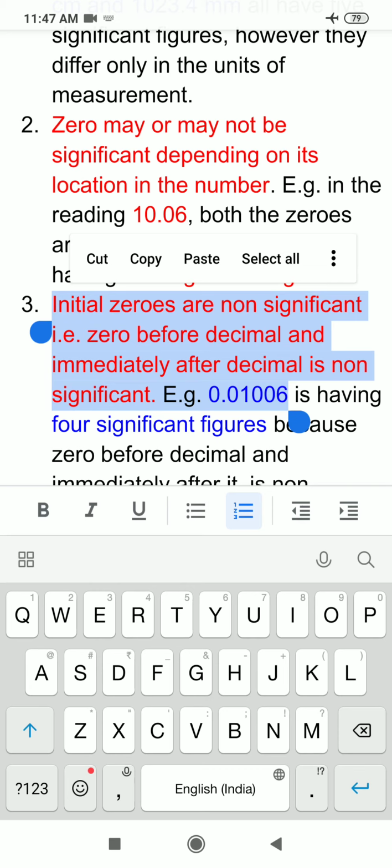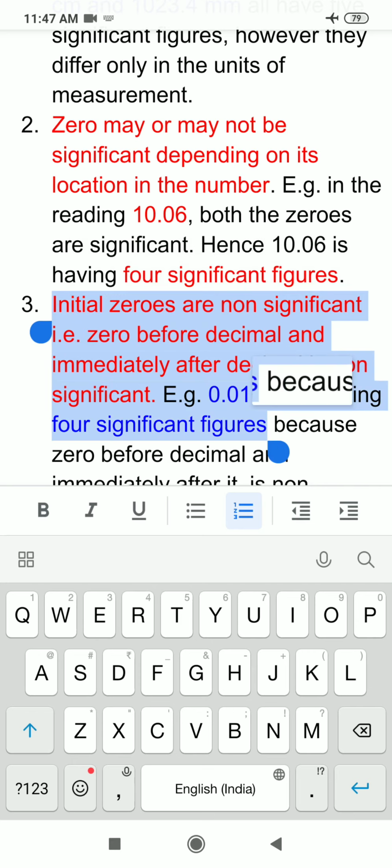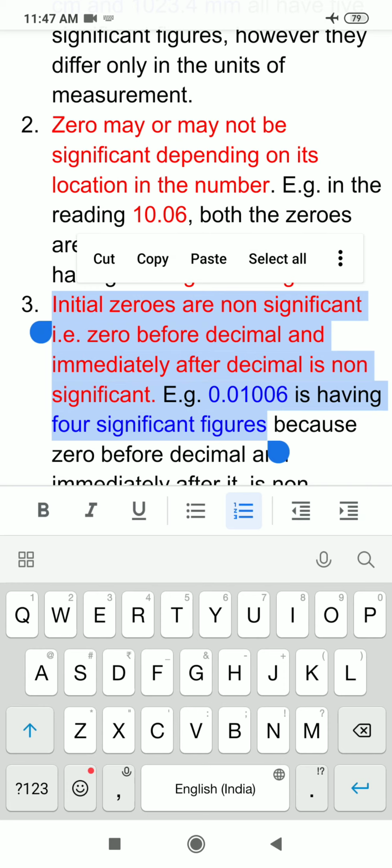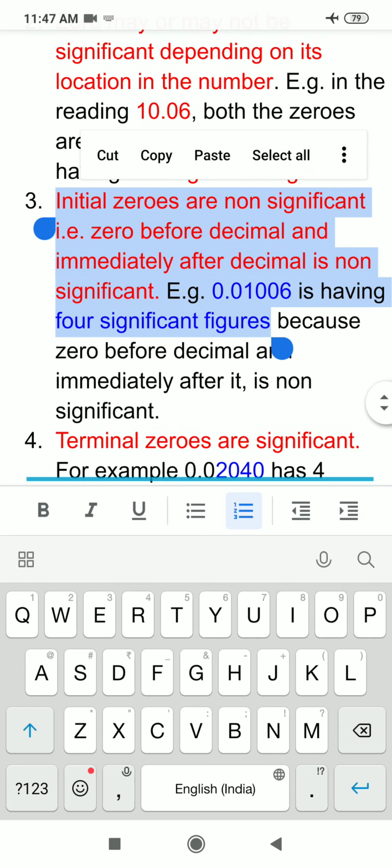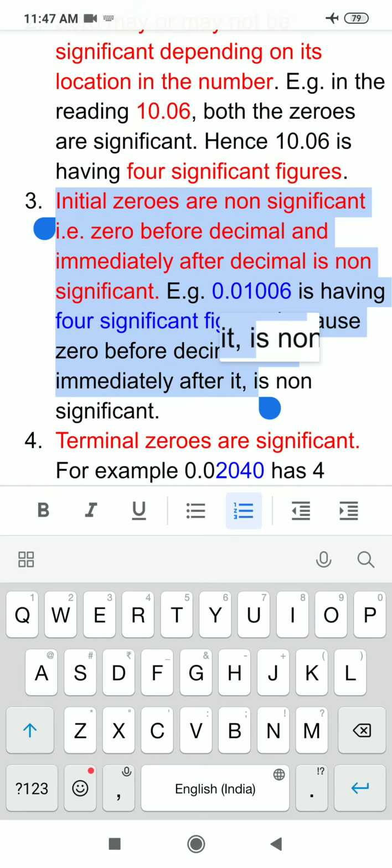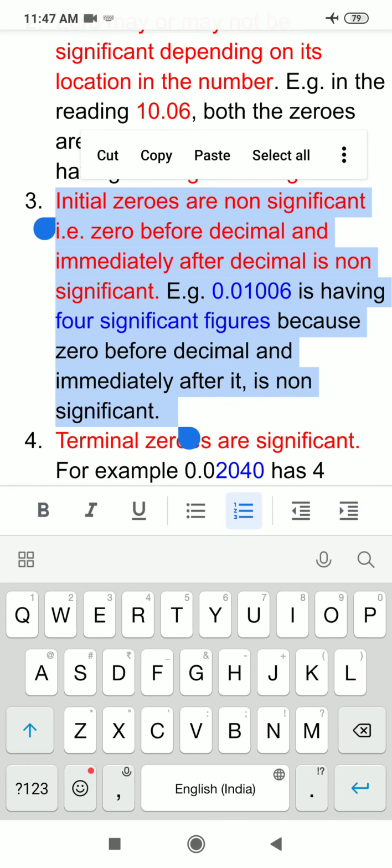So total there are 4 zeros, but out of 4 zeros, initial are 2, that is immediately surrounding the decimal. So these will be non-significant, and those in between 1 and 6 will be significant. So I can say that this value 0.01006 will be having 4 significant figures. Why? Because 0 before decimal and immediately after decimal is non-significant.